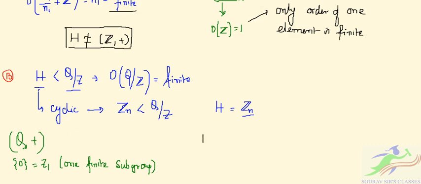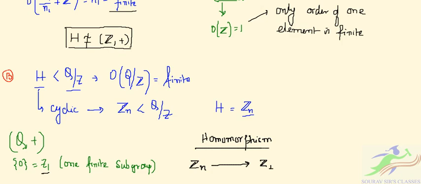So we have to find the homomorphism from Zn to this Z1, right?